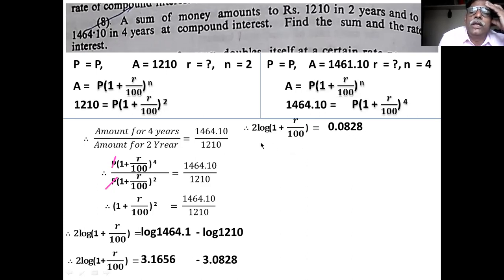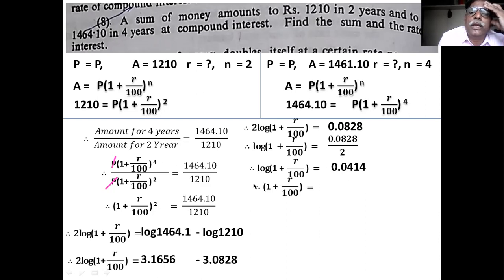Okay. Now you divide by 2. 0.0828 divided by 2. That means this 2 goes to that side and comes in the denominator place. So 1 plus R by 100 is equal to 0.0414. Okay. So you see the anti-log table. Therefore, 1 plus R by 100 is equal to anti-log of 0.0414.